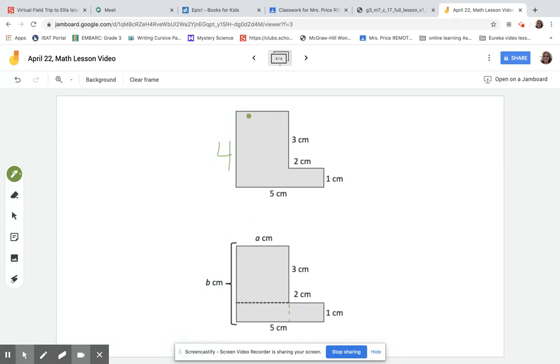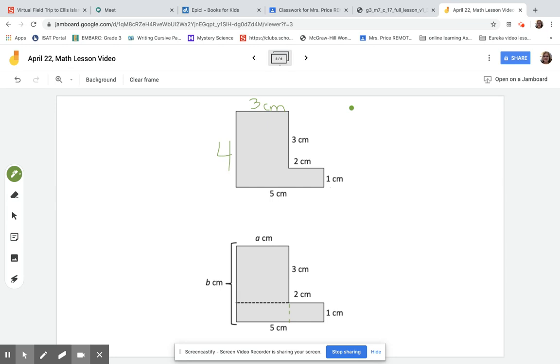So this is going to be 5 minus 2, because the whole thing is 5, and this one right here is 2 centimeters. So 5 minus 2 equals what? 3 centimeters, right? Okay, so now we have all of our side lengths listed.